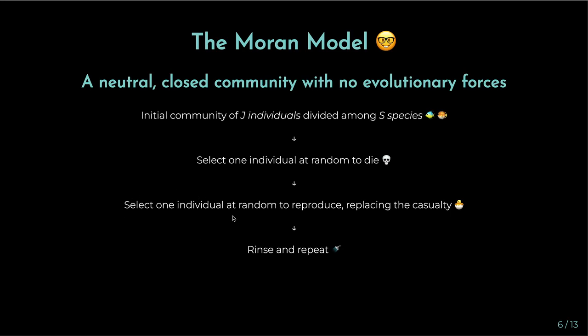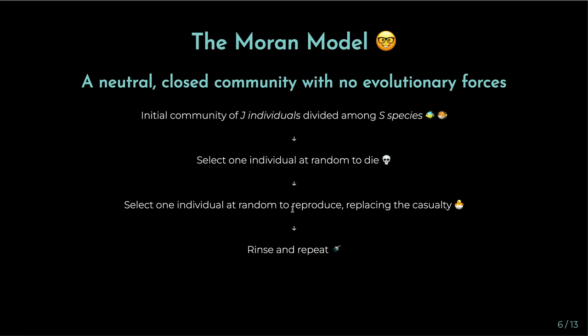And the way the model works in this most basic form is you start with an initial community of J individuals that are divided among S species. And for our purpose, we're always going to deal with 2 species in these simulations. Within this community, you select one random individual that is going to die, poor thing. And then you replace that individual. So the number of individuals will always stay the same in the community because you're immediately replacing it.